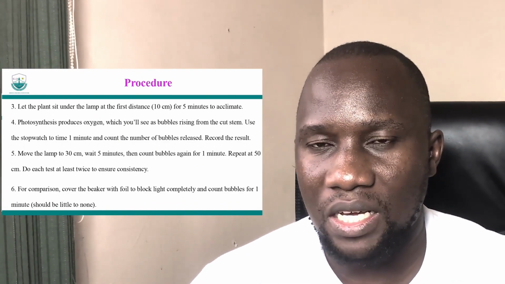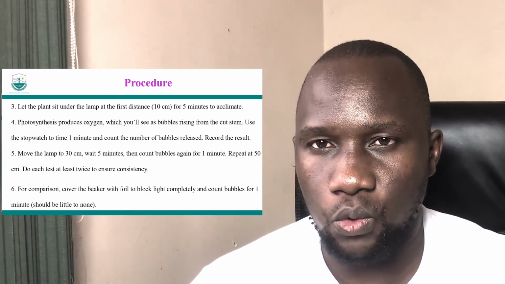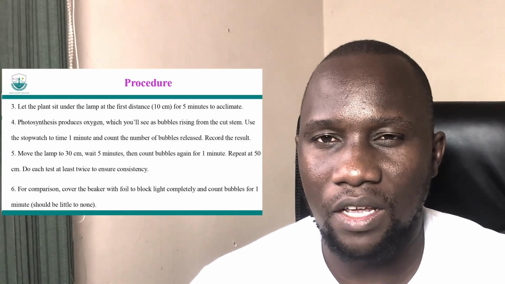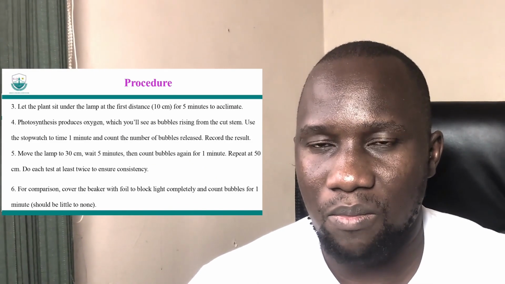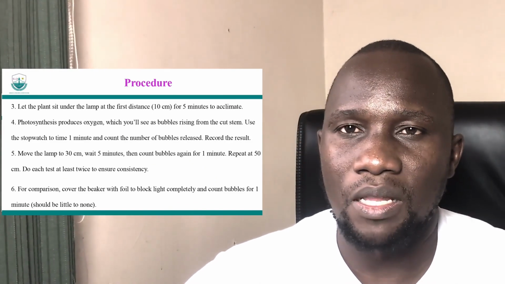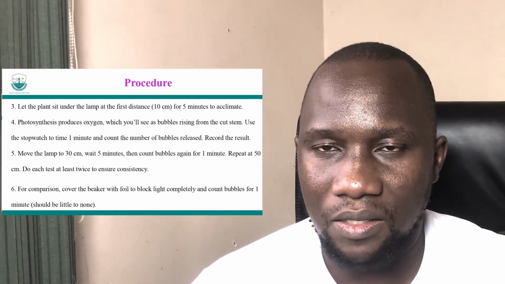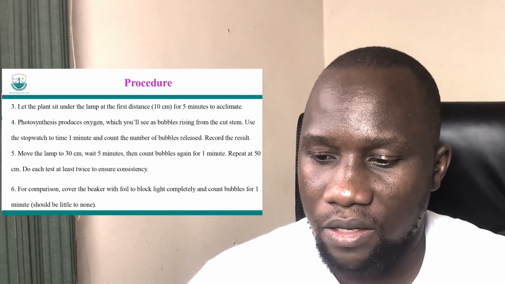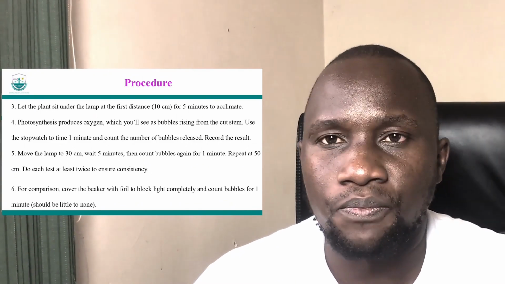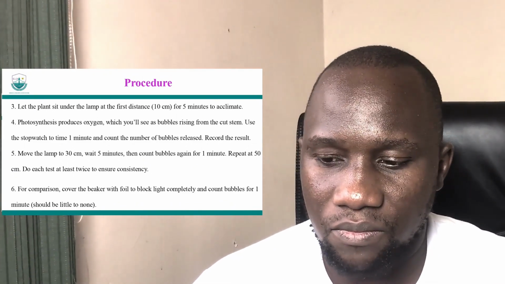So before you start counting the number of bubbles, make sure that you leave the setup for at least 5 minutes, such that the plant gets acclimatized to these new conditions that you have put it in. That's what we mean here by acclimatizing.